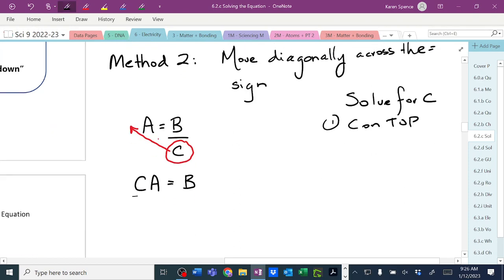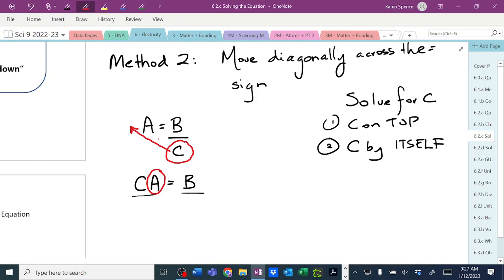Once again, I'm going to draw in a couple little lines here just so that I know that if I'm moving something to the side, I have to move it either straight across, or down, or diagonally. Now I need to get C by itself. So who do I want to get rid of? A. Here's A. I would like to move it to the other side. Which direction do I have to move it? Diagonally.